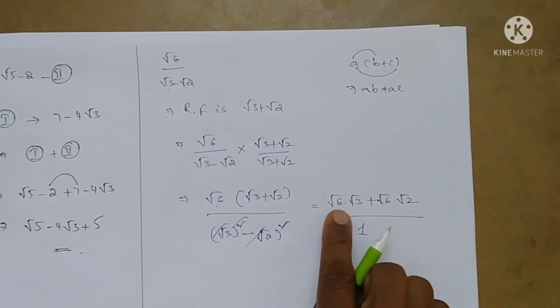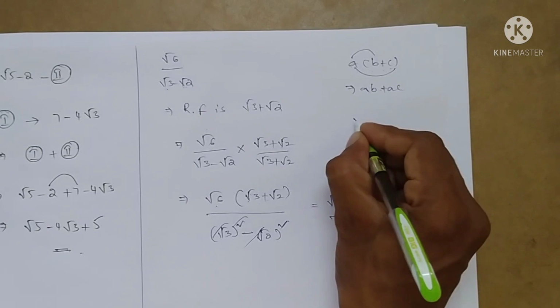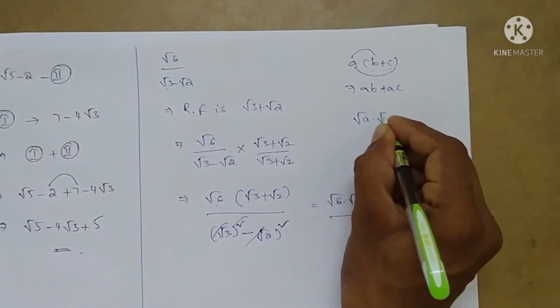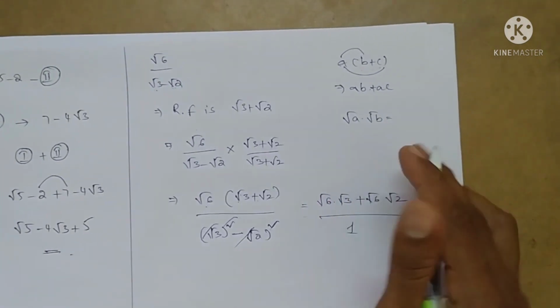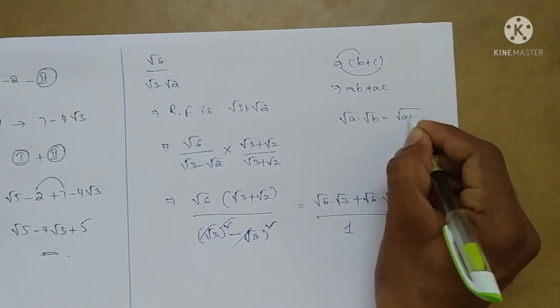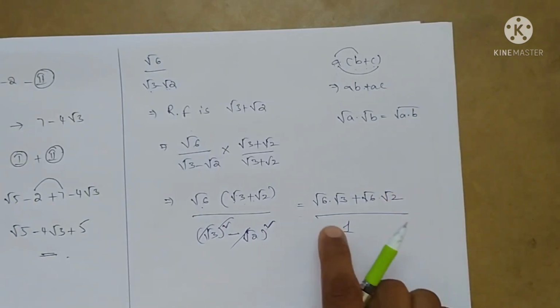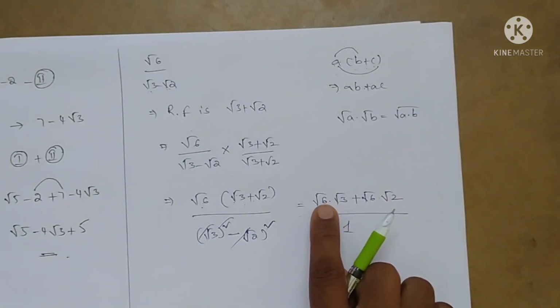It is of the form root a into root b, which is equal to under root a into b. So here it is also under root 6 into 3.